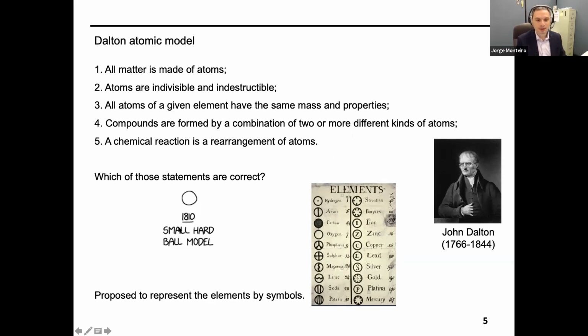All right, considering the technology that Dalton had in the beginning of the 19th century, his model is not bad at all. Okay. Dalton atomic model was important to establish a floor, and with that floor, then we can move on to better atomic models.